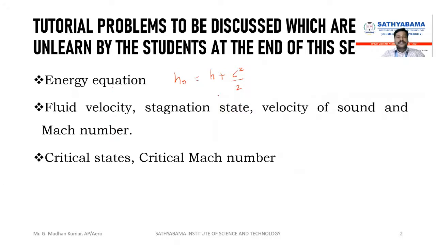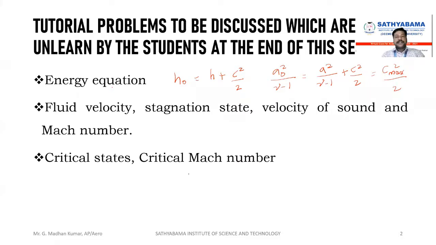And the other equation is from the energy equation. We have the substitution of speed of sound. So a0²/(γ−1) = a²/(γ−1) + c²/2, and then we have the other expression, c_max²/2.